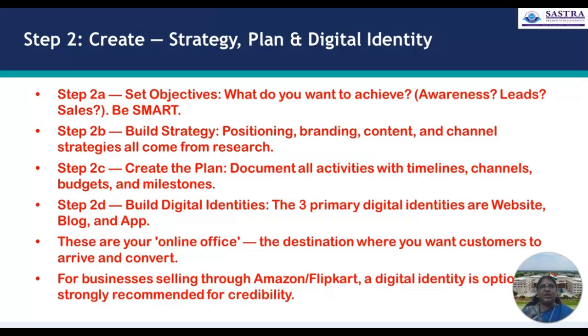A useful framework for setting the objective is called the SMART framework. What is the SMART framework? S stands for specific, M is measurable, A is achievable, and R is relevant. The last, T, represents time-bound. Increasing the website traffic is not a SMART objective.